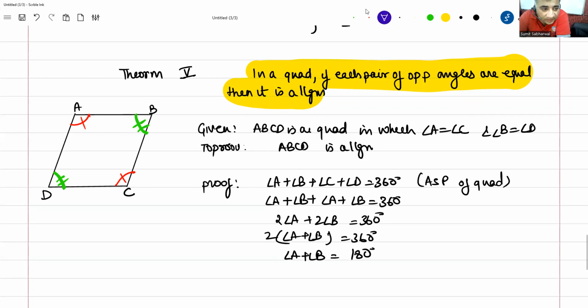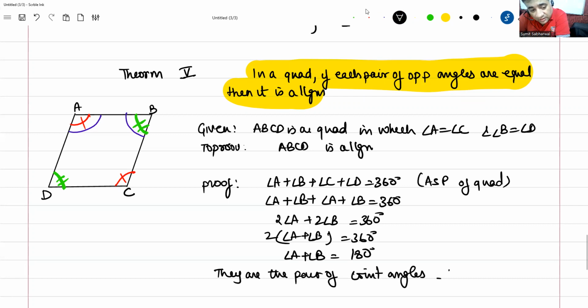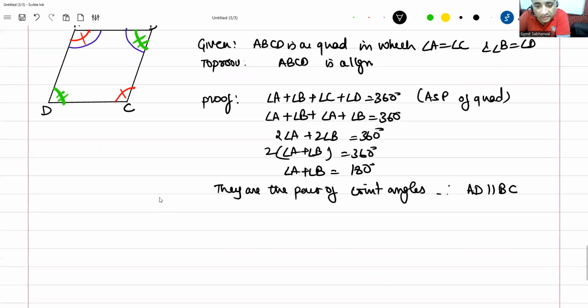Now children, clearly see, if angle A plus angle B is 180 degrees, we can say they are the pair of co-interior angles. Therefore, AD is parallel to BC. Okay. Similarly, in the same manner, we can prove that angle B plus angle C is equal to 180 degrees.